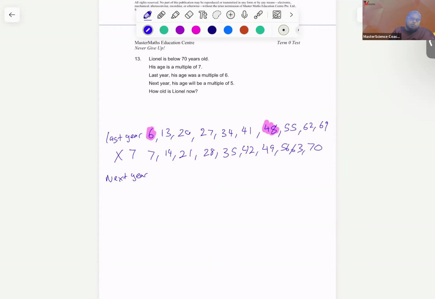So I plus 1 to those only. 8 and 50. So they say next year his age will be a multiple of 5. So which one is a multiple of 5? 8 or 50? 50, correct. Okay? This one. So the answer is actually 49.